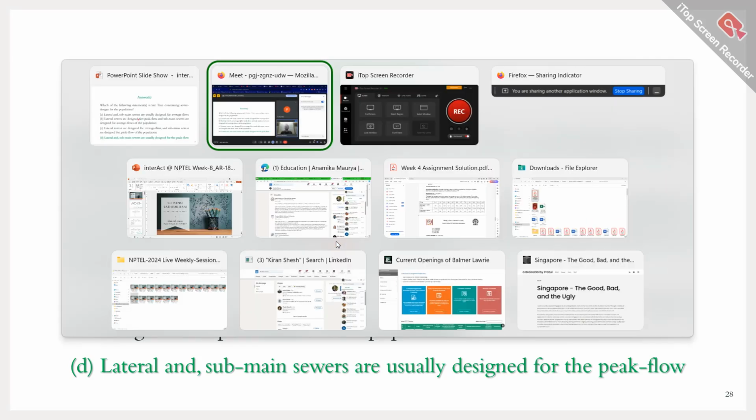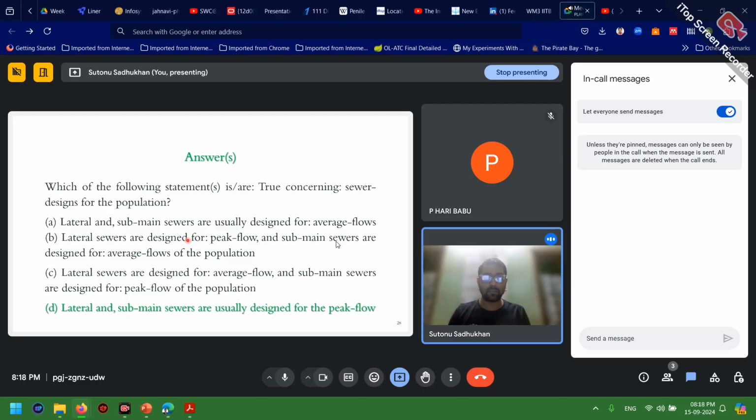It is basically the design criteria of any water system. You have to consider the peak flow only while designing. Because if, let's say, water demand increases, the flow increases beyond the average range, then you cannot just replace the entire pump. It is not possible for the water supply agency.